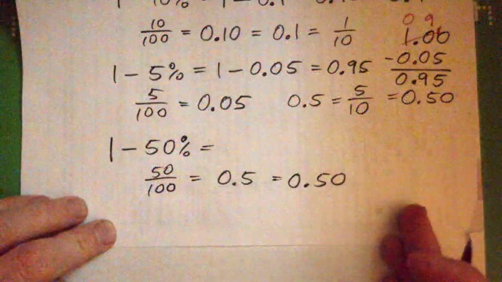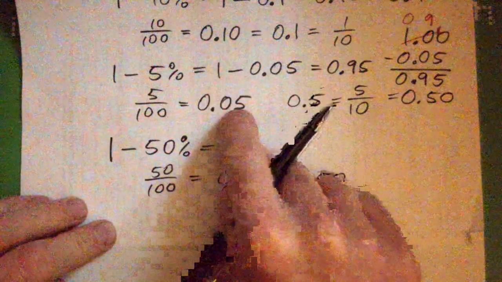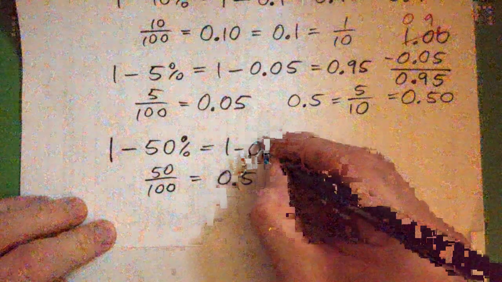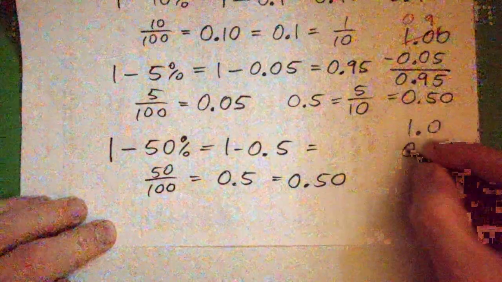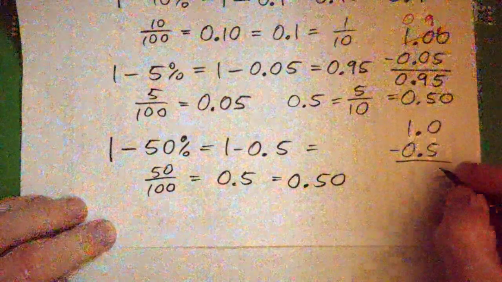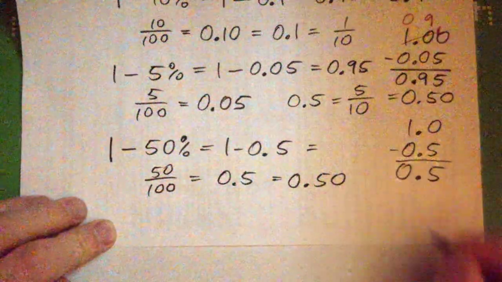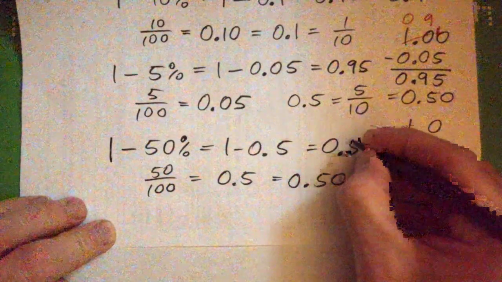Which is not 0.05, that's different, right? In any case, we got 1 minus 0.5. You could write this like 1.0 minus 0.5, 10 minus 5 is 5. The decimal point comes down, that's 0.5, right?